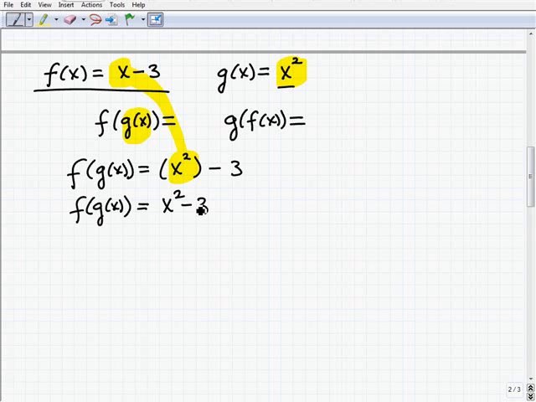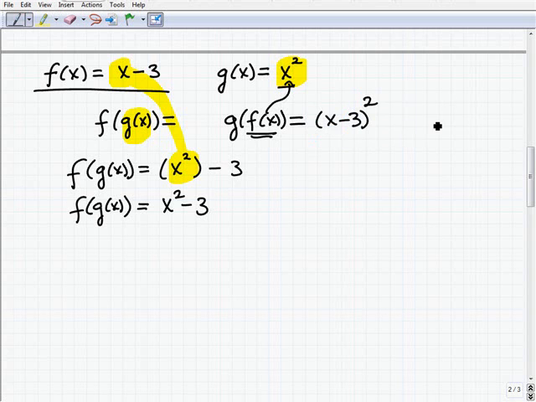We're going to plug in the f of x function this time into the g function. So go ahead and set that up. So g of f of x. The g function is what? It's x squared. But instead of x, I'm going to plug in the f of x function, and that's x minus 3 squared. X minus 3 squared.